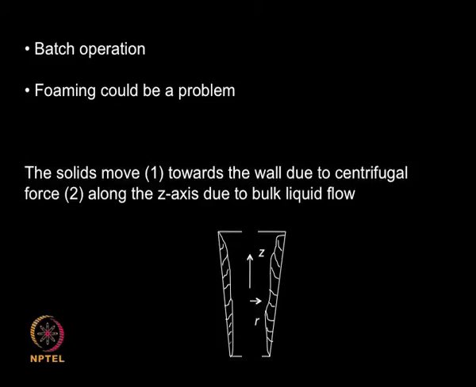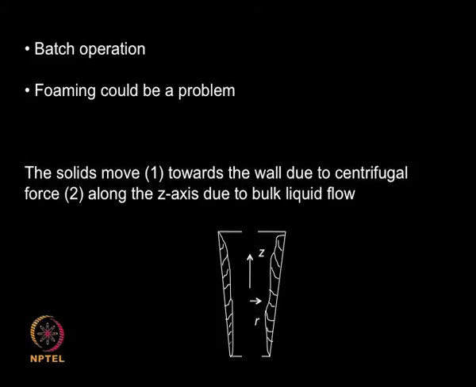So two things are happening: the solids encounter a force along the axis because of the bulk flow, and the solids encounter the centrifugal force because of the rotation of the centrifuge, which is a function of the radial location of the particle.